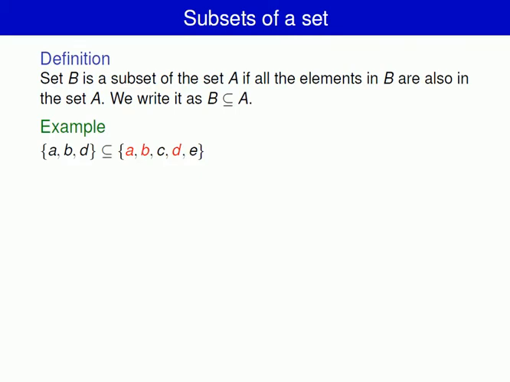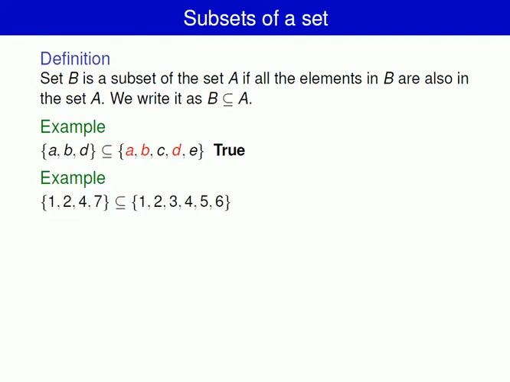The first set contains the elements A, B, and D, and the claim is that it is a subset of the set containing A, B, C, D, and E. We can say that what's in red are exactly the elements in the first set. Therefore, this is a true statement. By the way, this is a claim. We are making a statement, so it could be true, could be false. In this case, it's true because every element in the first set is also in the second set.